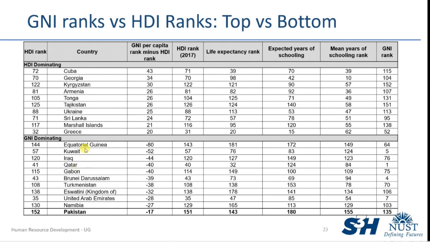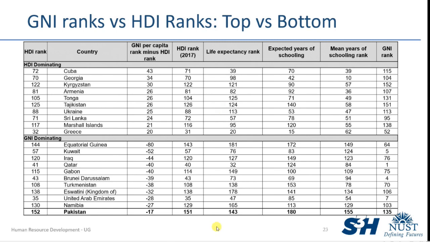These are the countries with oil income. These countries have very high income levels, but the other indicators are not really good. That's why they are GNI dominating. Their GNI is much higher, but the other indicators are not that good.